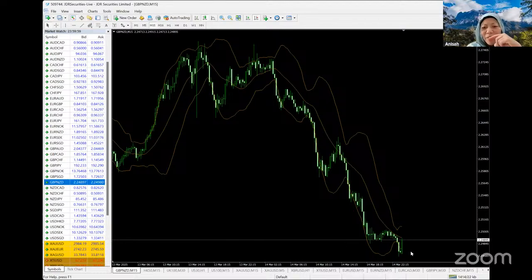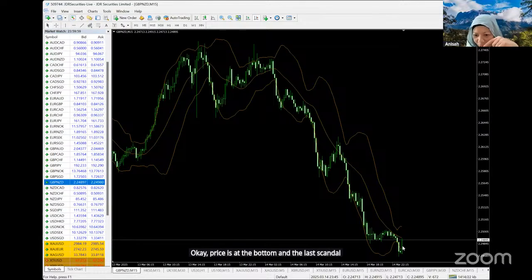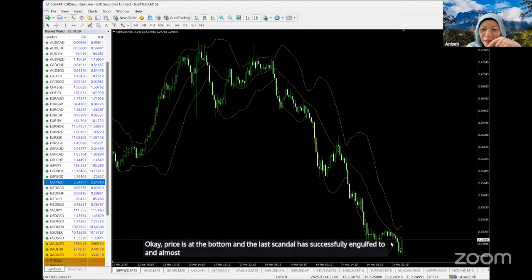Currently price is at the bottom, and the last candle has successfully engulfed two and almost three candles back. That is quite a significant buyer.